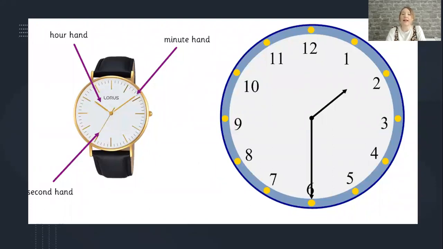I know we have one in the classroom at school. The minute hand is the long hand, the hour hand is the short hand, and then you've got the second hand. Sometimes you'll not see a second hand, like this clock here. You've got the hour hand and the minute hand, but there's no seconds hand.